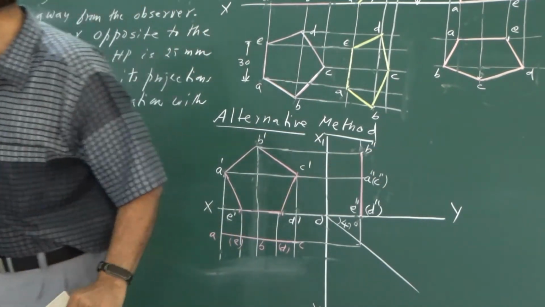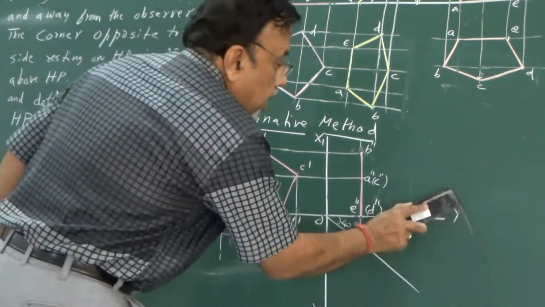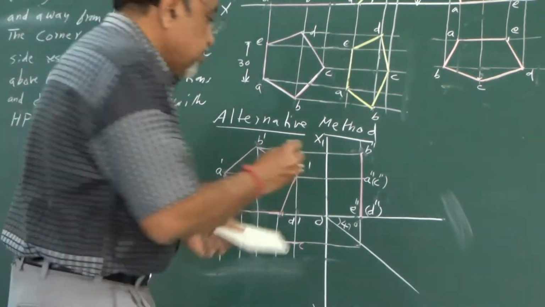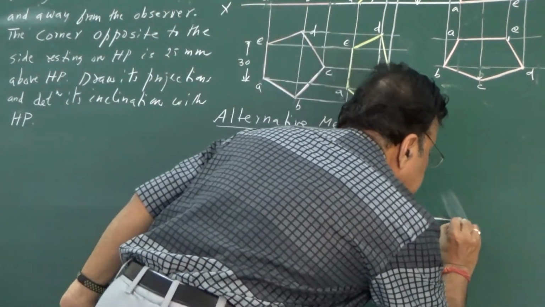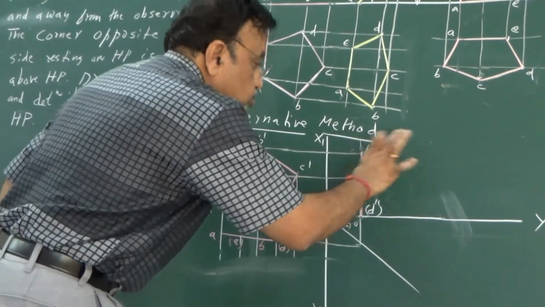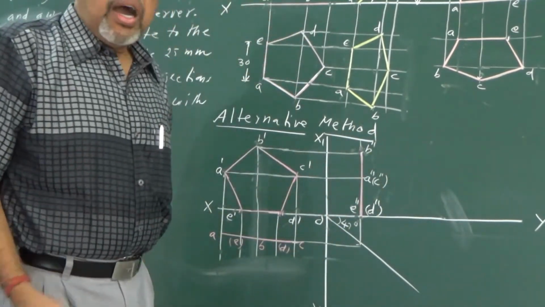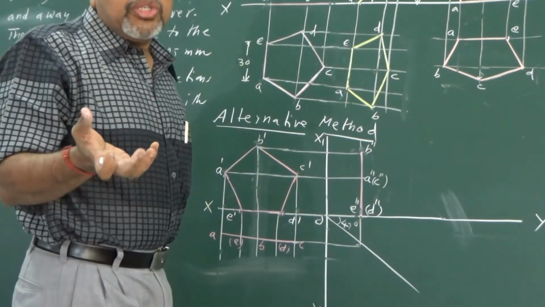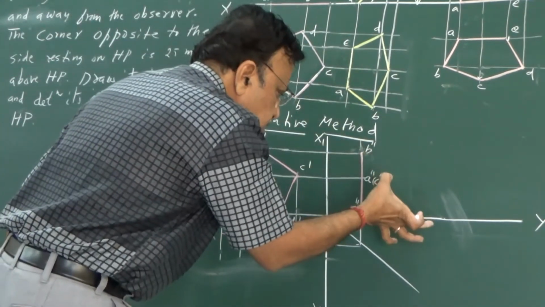So what do you do then? Redraw this particular side view. Let us extend this. I will redraw this figure, or I can simply rotate this itself. How much will you rotate it?